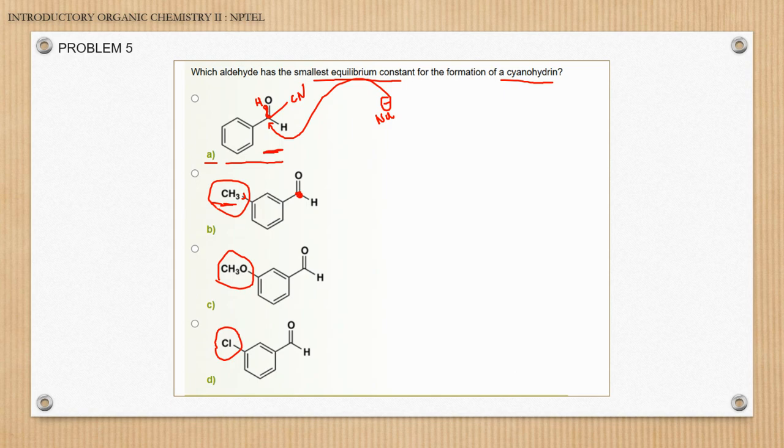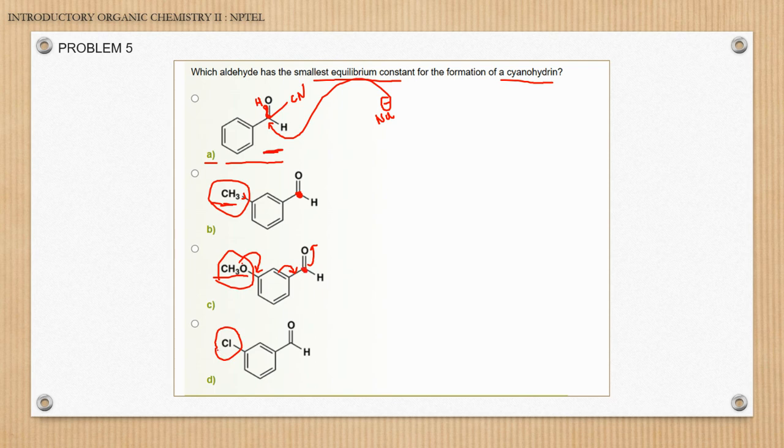Because the methyl group is attached at the aromatic ring. Now coming to part C, here the methoxy group is attached. What is meant by the methoxy group? It is a highly electron releasing group. So here the lone pairs of this oxygen will take part in the conjugation, right? If it is taking part in the conjugation, then what will happen? It will increase the electron density at this carbon.